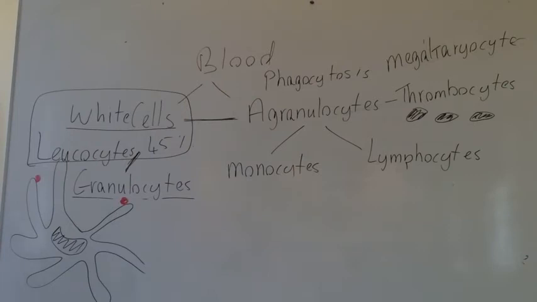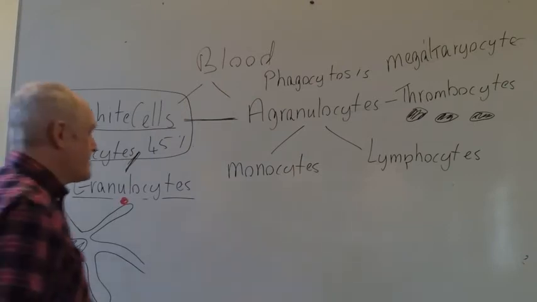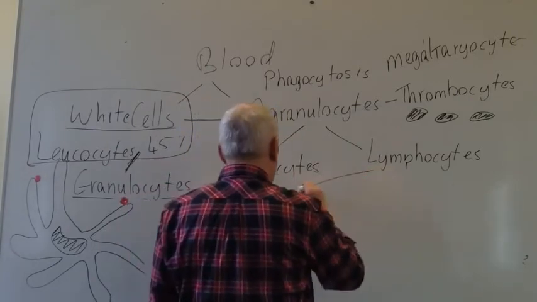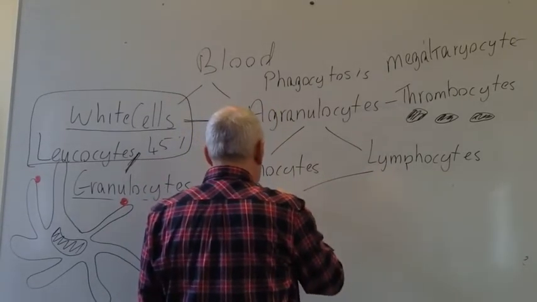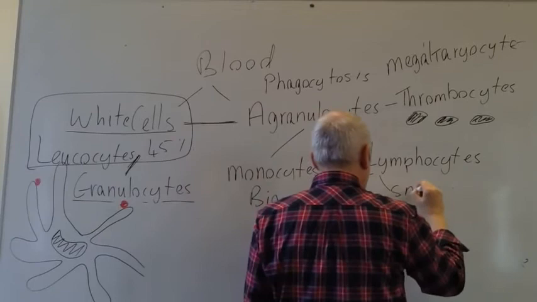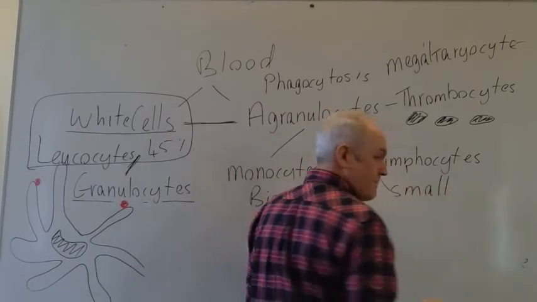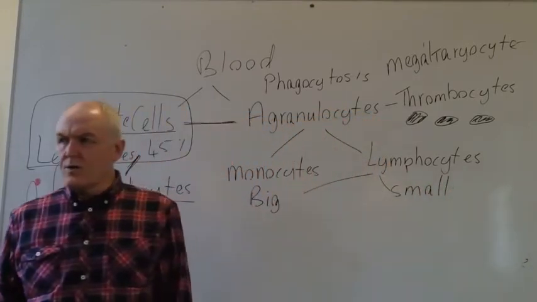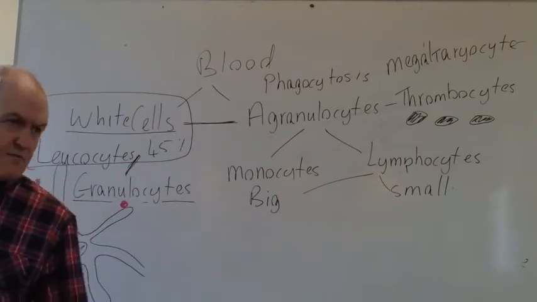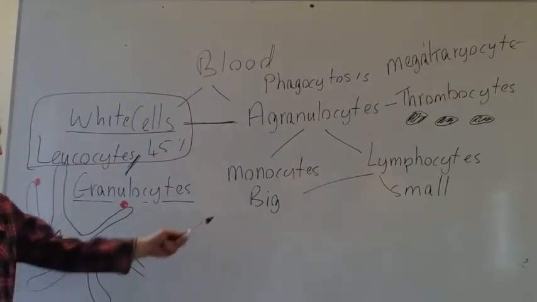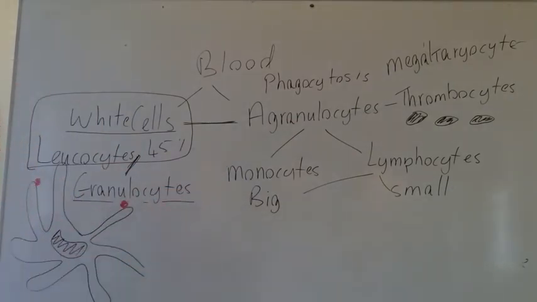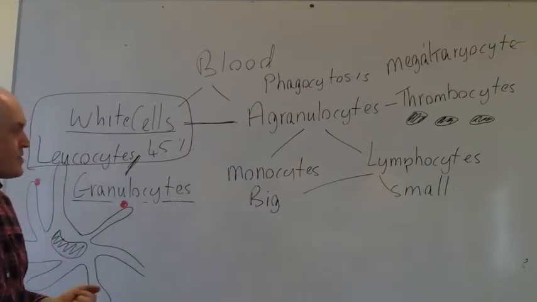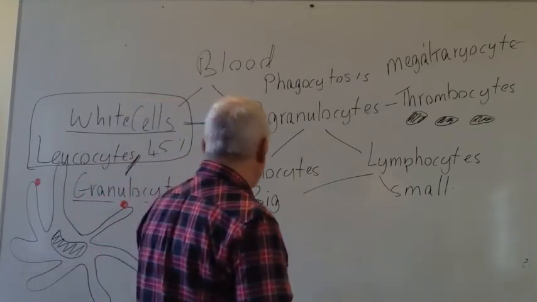And there's two sorts of lymphocytes. Lymphocytes can be big or small. So the small ones are pretty small, usually about the same size as a red blood cell, but the big ones are bigger than the small ones. Hence the name.